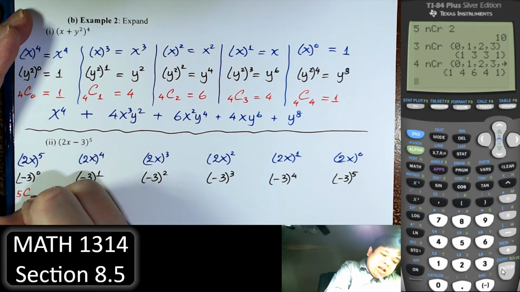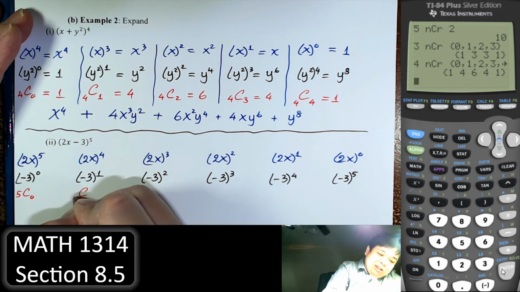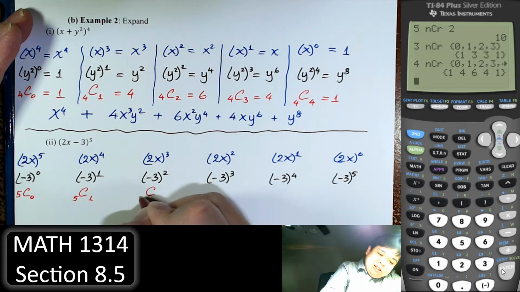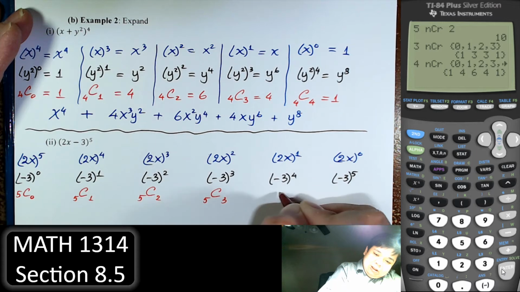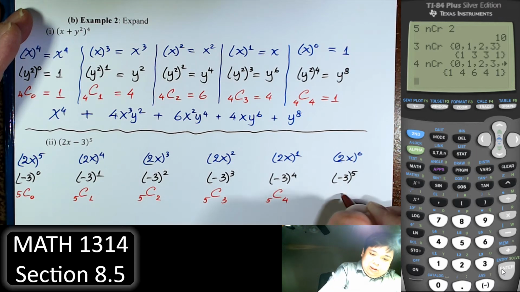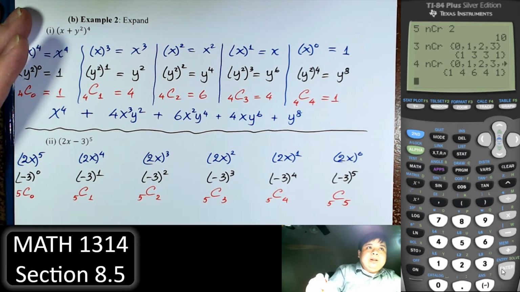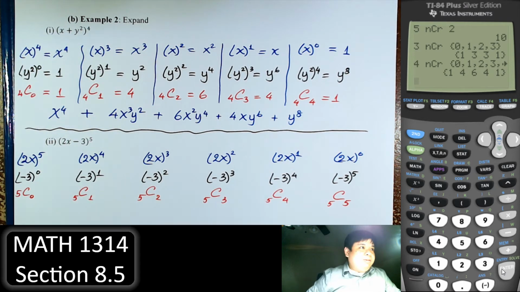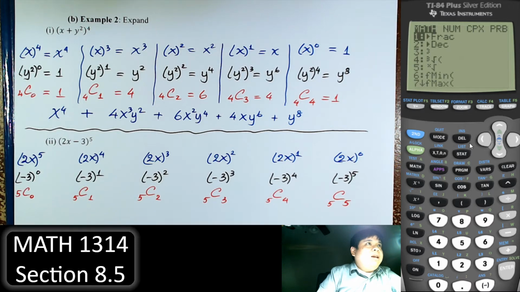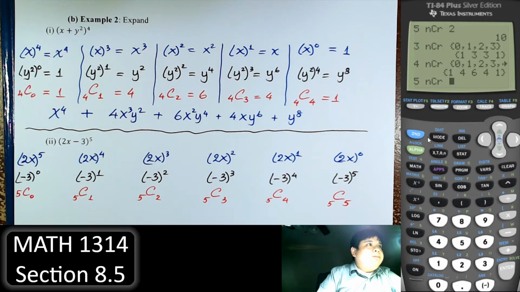If we look in the Pascal triangle, will be 1, 5, 10, 10, 5, 1, I think. Of course, we can also use the calculator. 5, math, probability, NCR, open curly bracket.